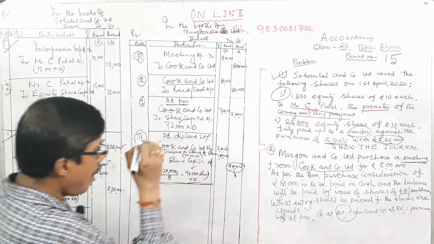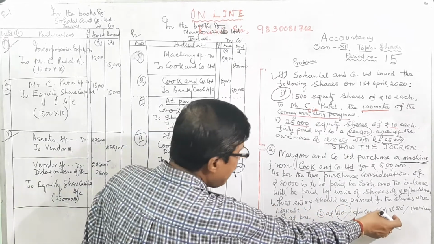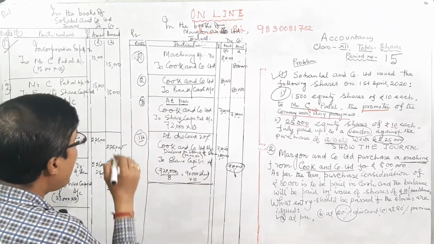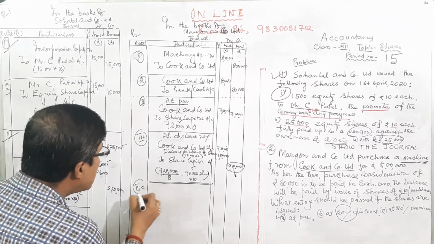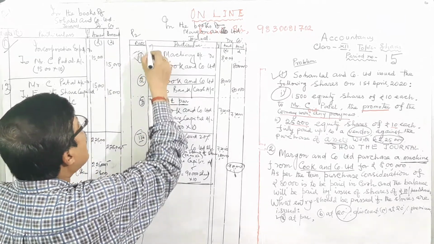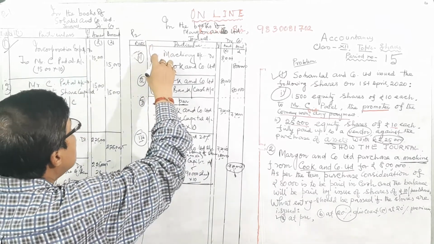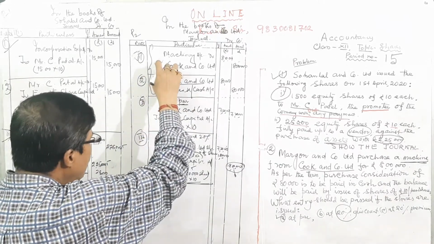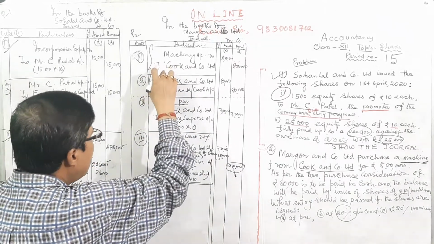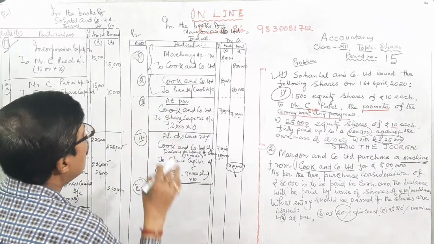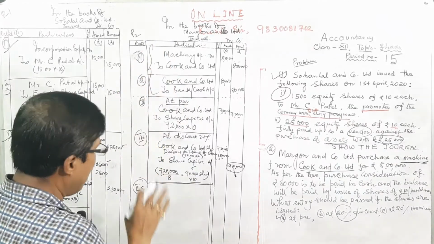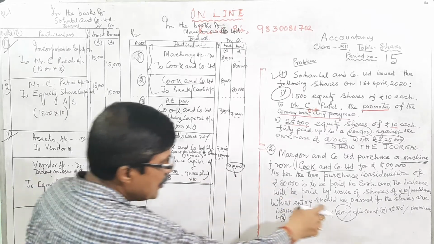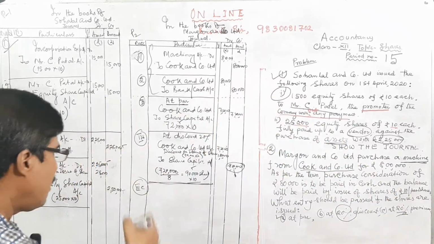Now part 3. The company is written here as 1A, there as B, and there as C. This entry is common for all: first entry plus this. So the company has to pay the liability of rupees 7,20,000, but they are issuing shares at 20% premium.